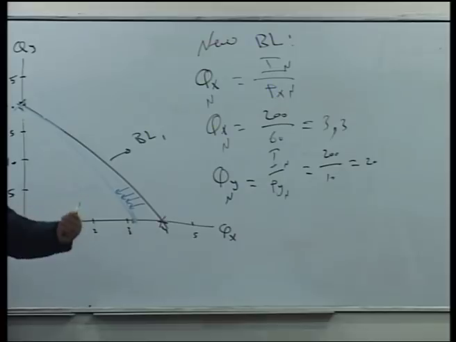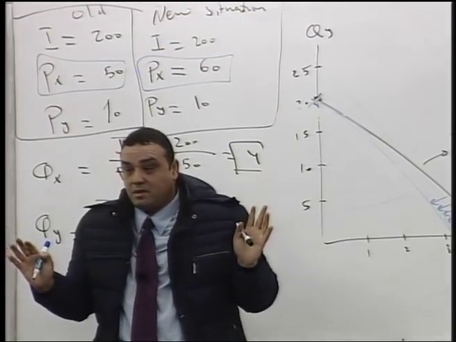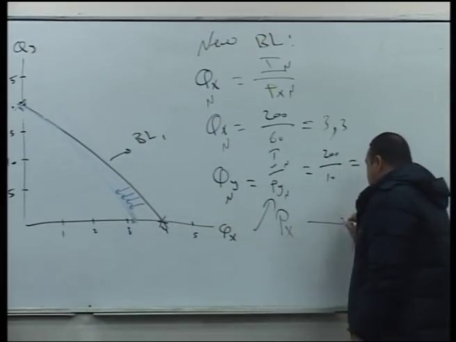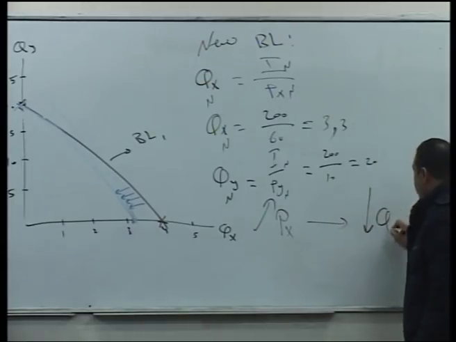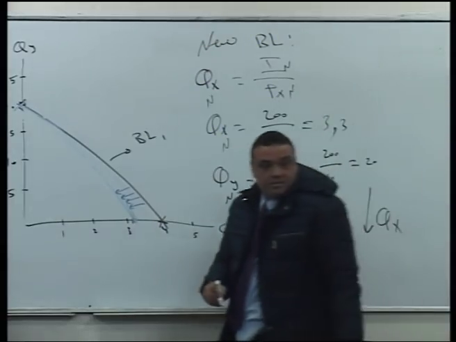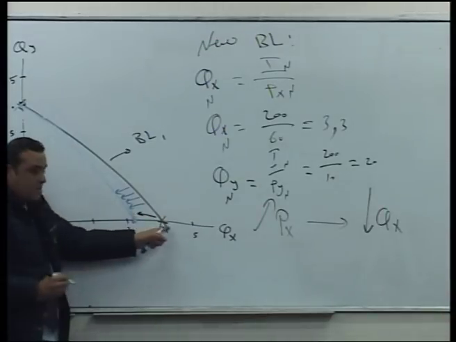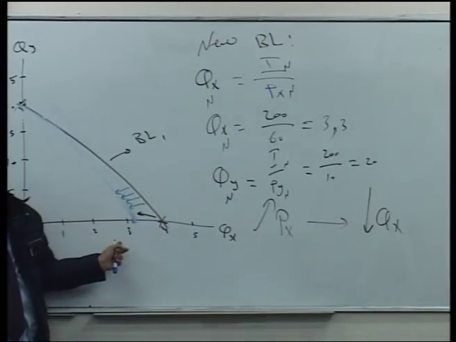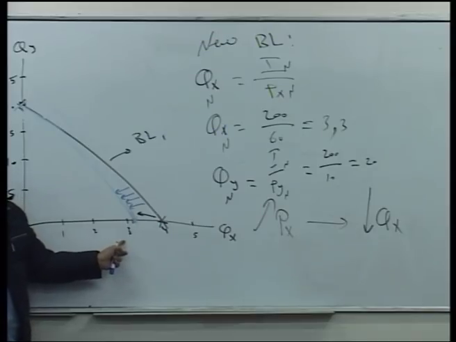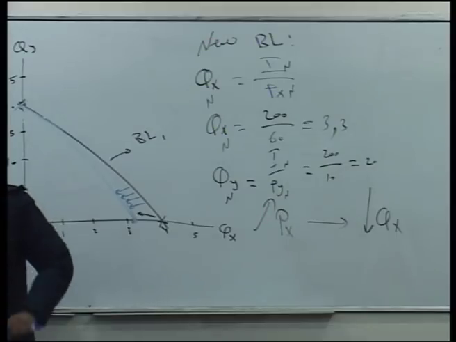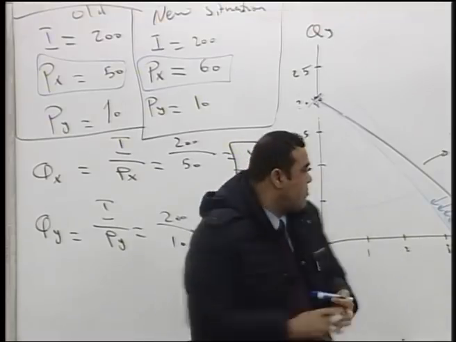So his ability to buy X goes down, which means as the price of X goes up, the quantity purchased of X goes down. This fits with demand theory. Right? The quantity consumed of X fell to 3.3 due to the increase in the price of X. If the price of X goes up, this is budget line 2 here.